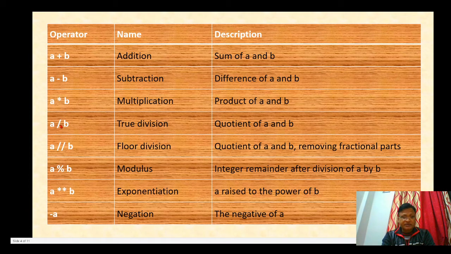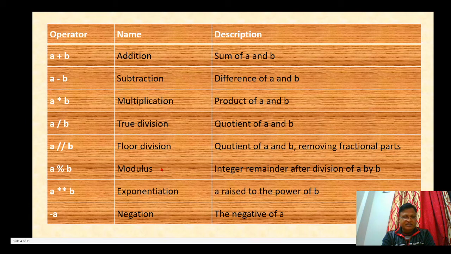Next important thing is division. If we want to find the quotient after dividing a by b, then we will use the slash symbol. The slash symbol will be used to find the quotient, and that quotient will be in the form of a decimal only. Whenever you use the slash symbol to calculate the quotient, the quotient will always be a decimal number.